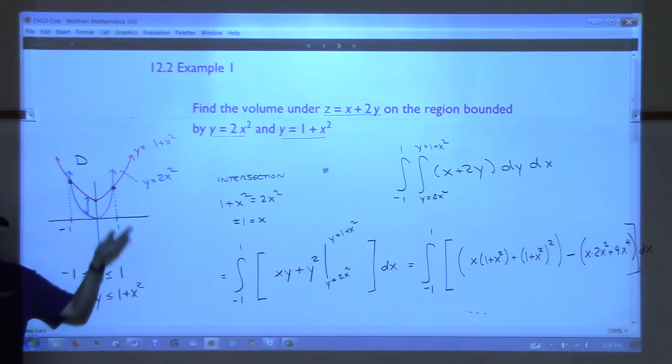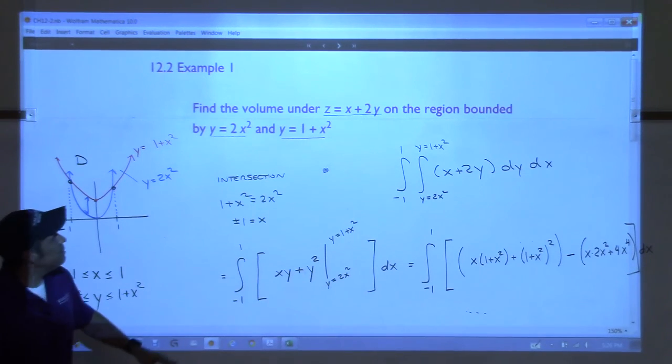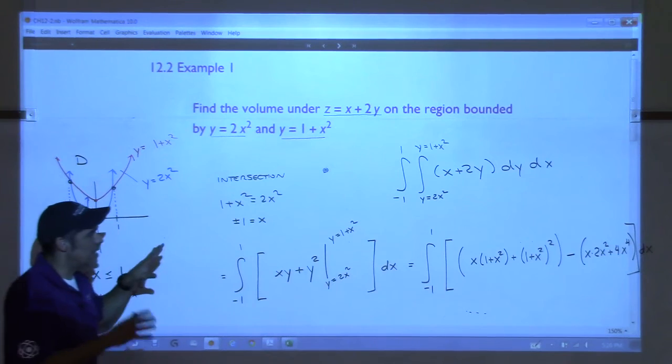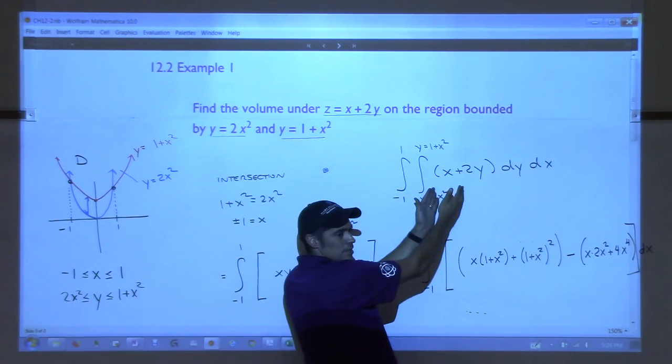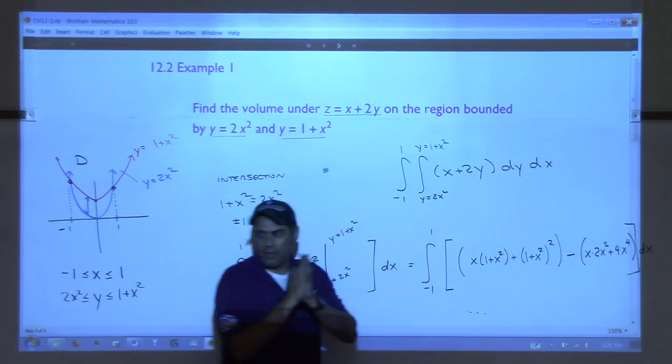So it's just about, can you set it up? Now these problems are a little bit on the basic side still because we have very simple functions and simple regions, but the idea is going to be, can you get me here? If you can get me here, then yeah, we have different ways of doing that.